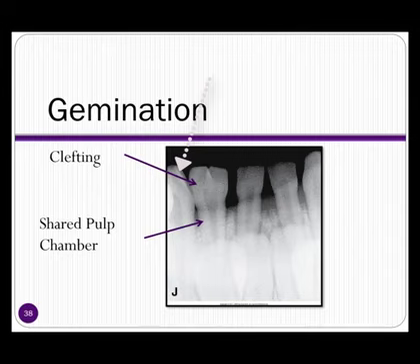So all of the teeth are there. There aren't any extras, but this tooth clinically appears much larger because the tooth crown divided a little bit. So at the top you can see that there's a split in the crown, which we would be able to see clinically, but we still only have one root. So a split crown but one root is gemination.